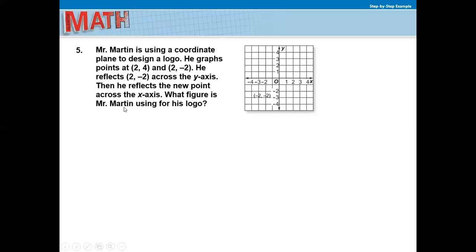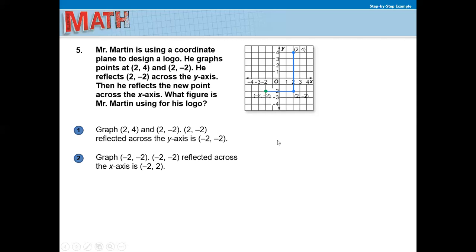What figure is Mr. Martin using for his logo? Graph 2, 4 and 2, -2. 2, -2 reflected across the y-axis is -2, -2. Graph -2, -2. -2, -2 reflected across the x-axis is -2, 2.